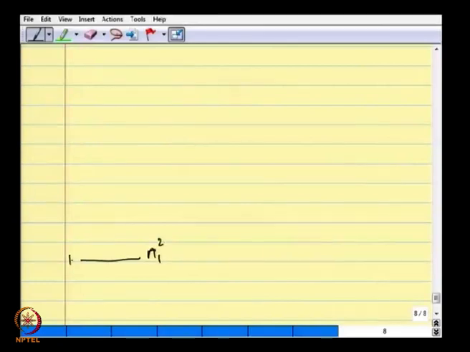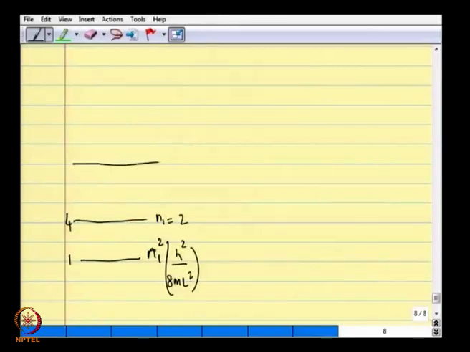So, this is 1 times that unit, h square by 8 m l square. This is the unit of energy. The second one is quantum number n equal to 2, this is 4 times that energy, the third one is 9 times the energy, the fourth one is 16 times the energy, and so on.